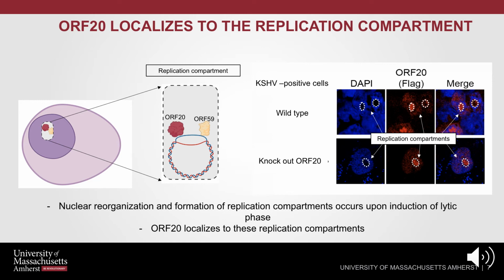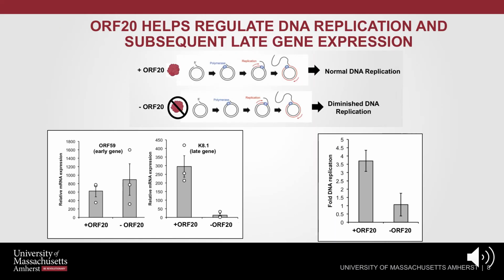The blue staining is DAPI, which just stains the nucleus, and the red staining is our protein of interest, ORF20. And we have both wild-type and ORF20 deficient cells. ORF20 in red is shown to be localized within these replication compartments in both these cells.